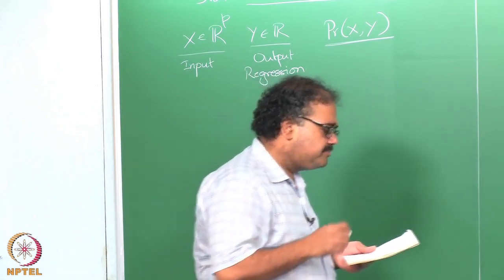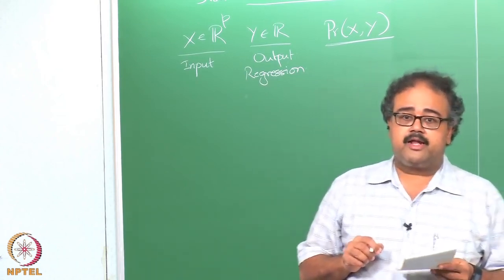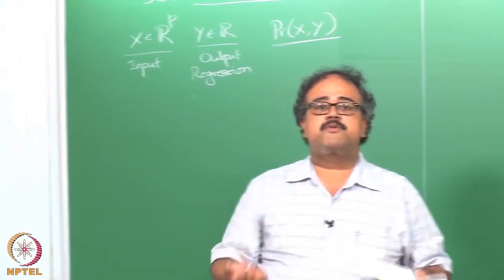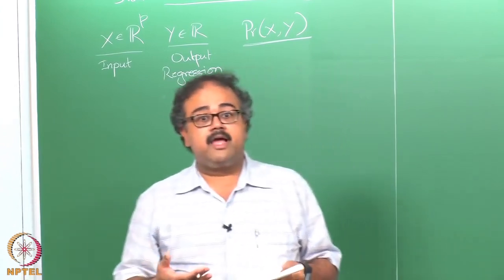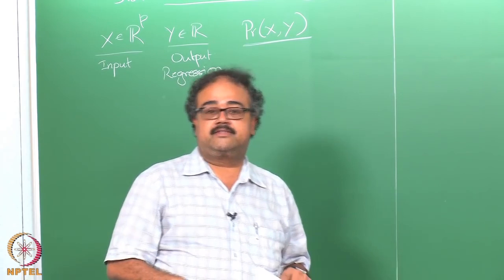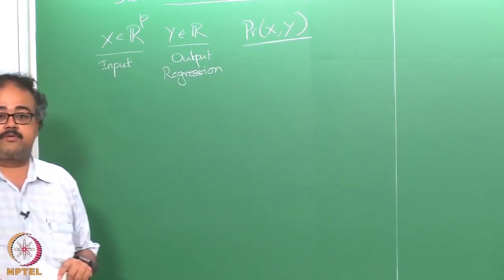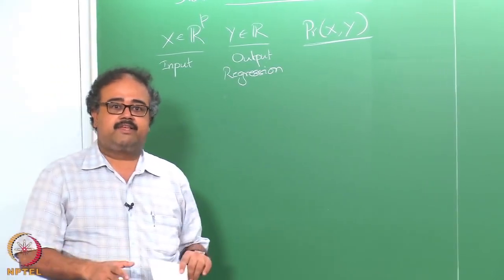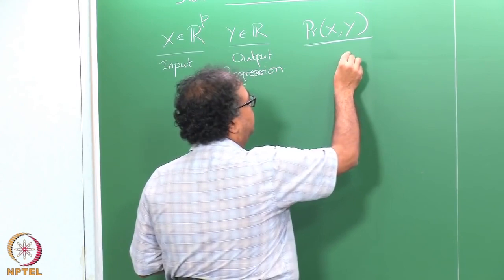You do not know this joint distribution a priori. Nobody tells you the distribution from which the data is coming, but the assumption we are going to make is that there is an underlying joint distribution over the inputs and the outputs, and that it is fixed.